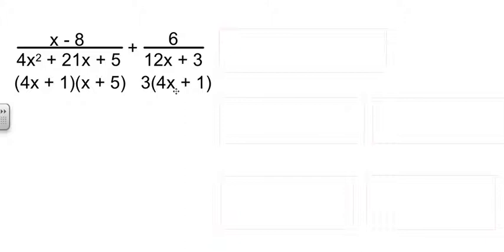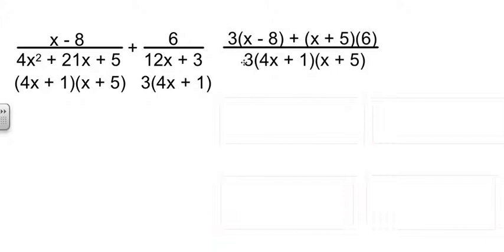What's missing? The one on the left needs a 3. The fraction on the right needs an x plus 5. In the interest of space, I've combined that step together with this one. We needed a 3 here, so I gave a 3 to this one.